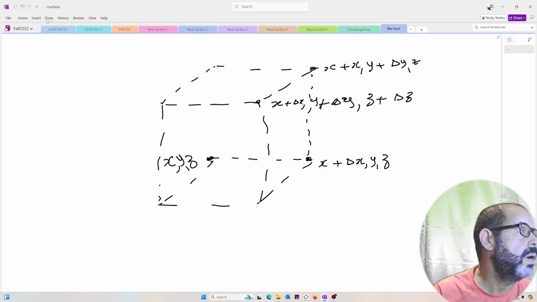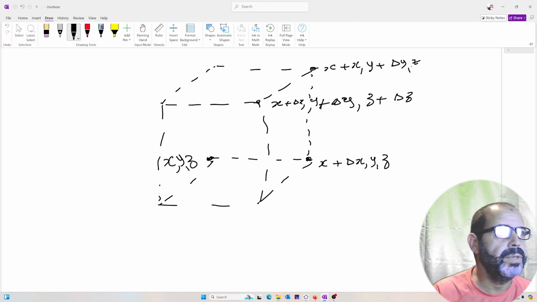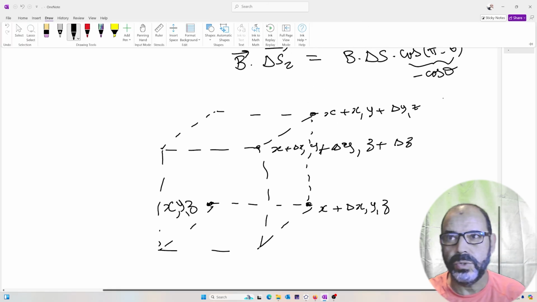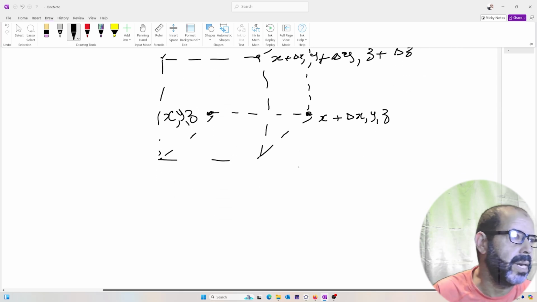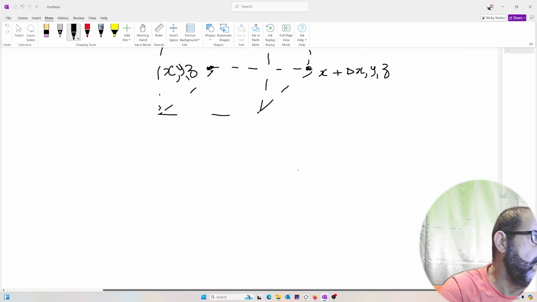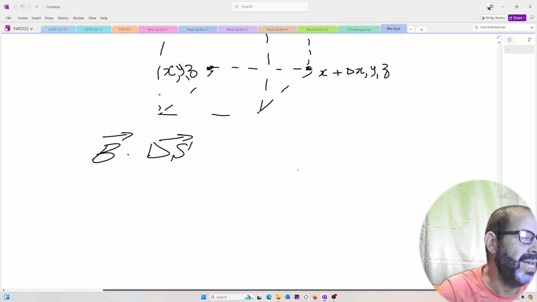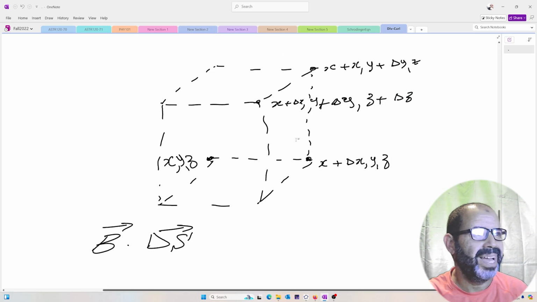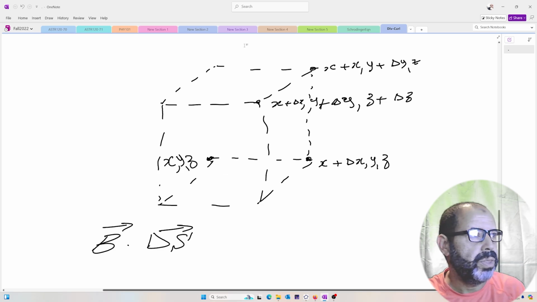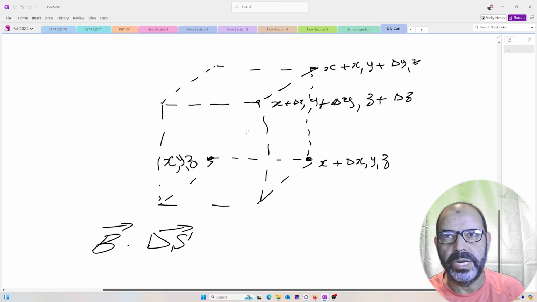Okay, so basically this is the shape where we are still after B times our delta S, where S now has 6 faces. You have 2 in the x direction, 2 in the y direction, and 2 in the z direction, in and out of the screen.